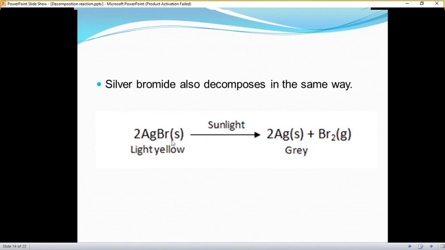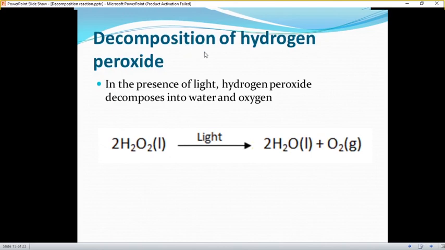Now, AgBr has a light yellow color and it turns into gray color. Similarly, hydrogen peroxide is quite unstable and on exposure to sunlight, it breaks down into water and oxygen. So it can also be utilized as a good oxidizing agent because it readily produces oxygen.